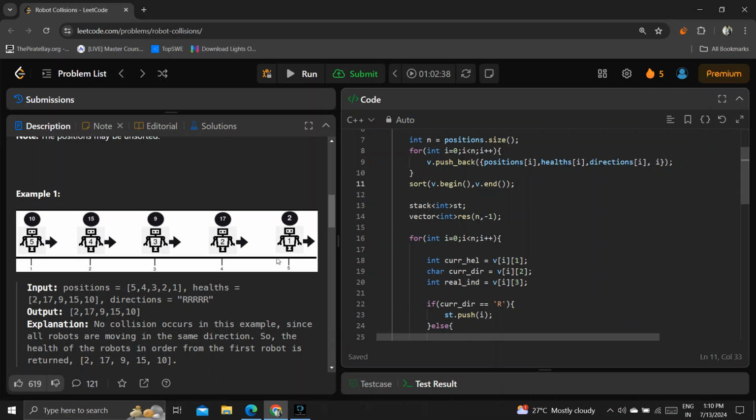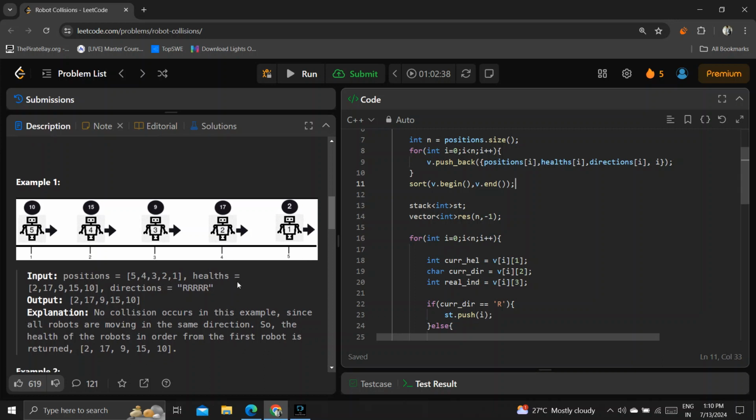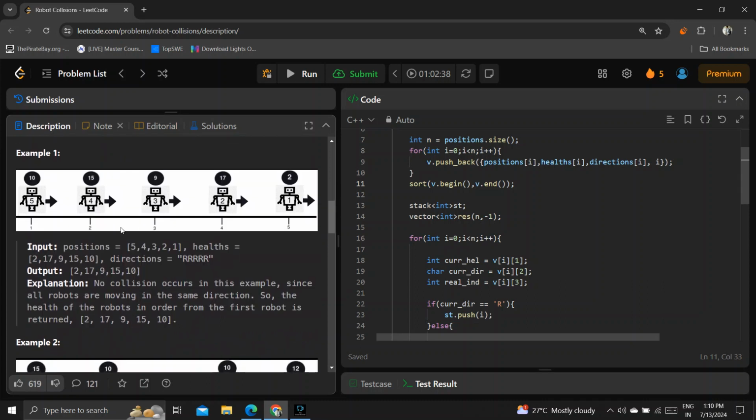But the problem here is that we cannot solve this particular question without sorting these values. In order to solve this problem, we have to sort, and we have to maintain the order of these indexes, 1, 2, 3, 4, 5, right? So that's what makes this problem a little tricky, and so it comes into the hard category.